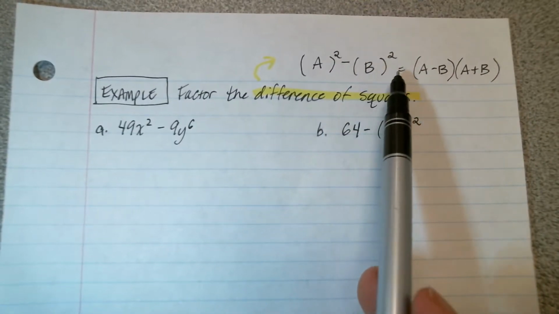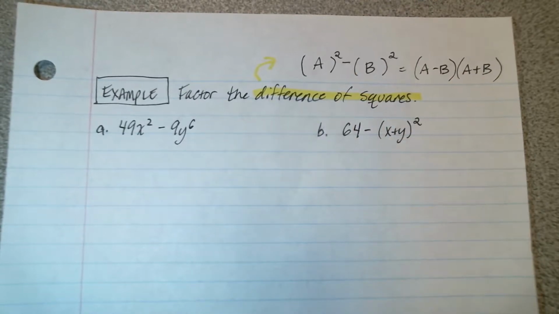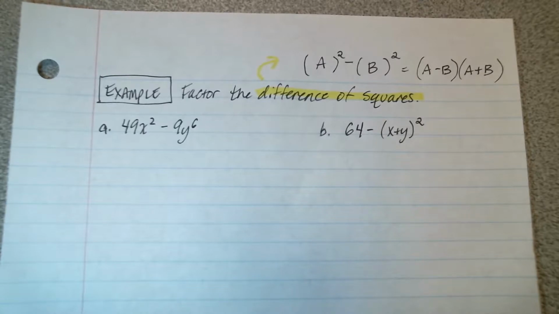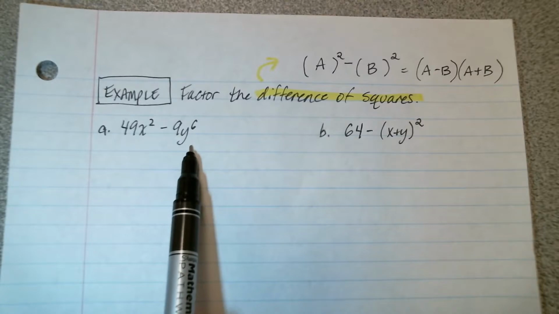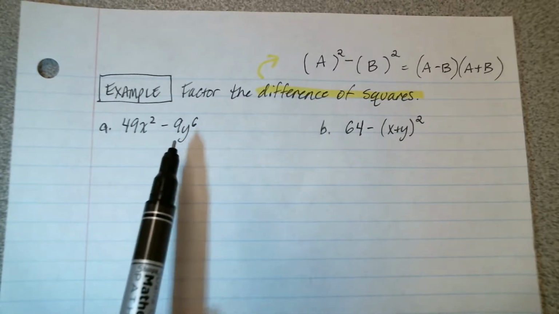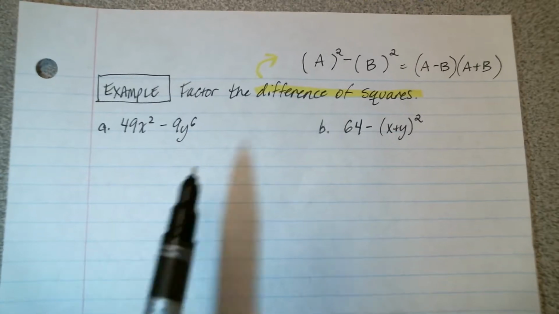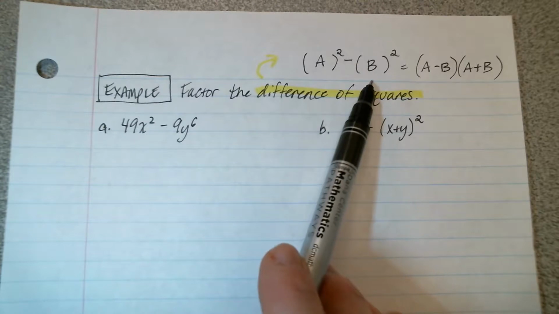Okay, so we're going to use this method right here to factor these two polynomials. So in example A, I have 49x squared minus 9y to the sixth. So the first thing that I want to do is rewrite this polynomial so it's really obvious what is being squared in both of those quantities. Okay?